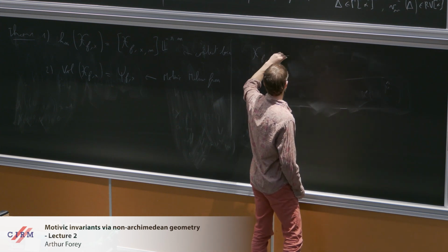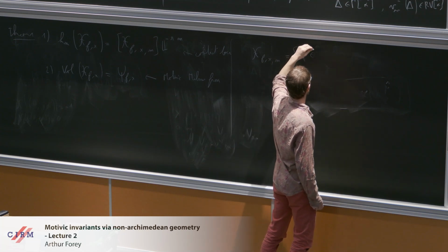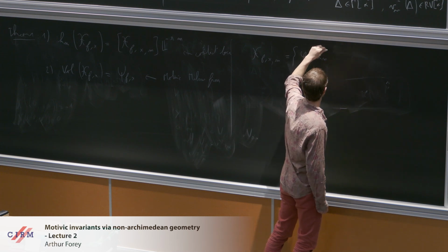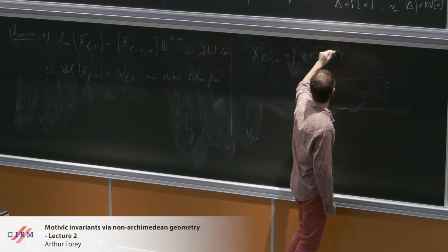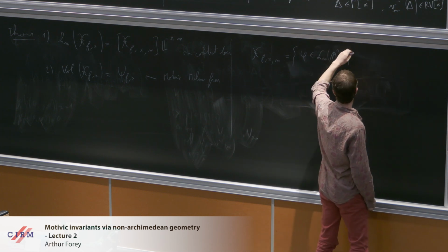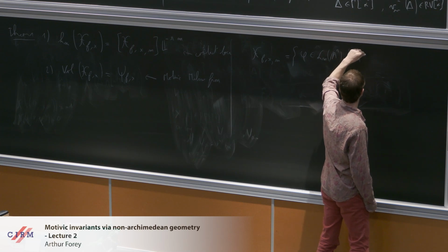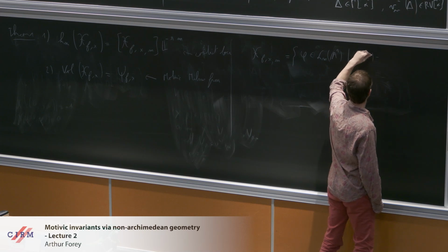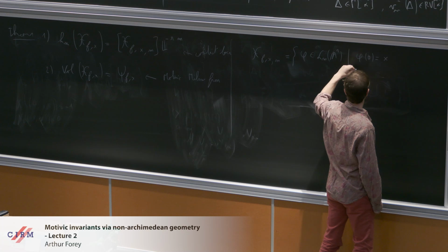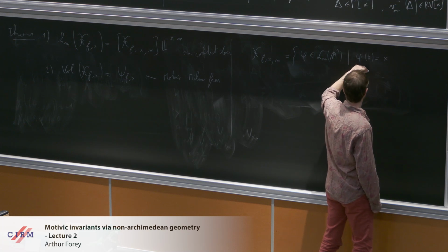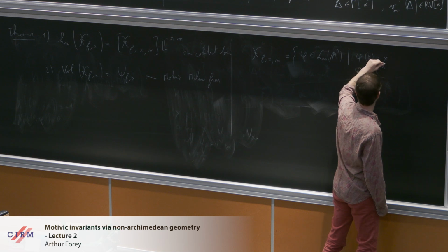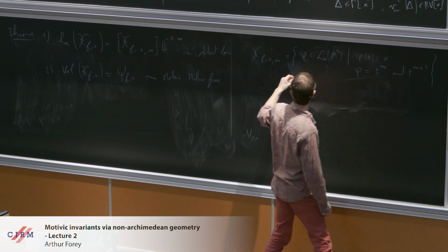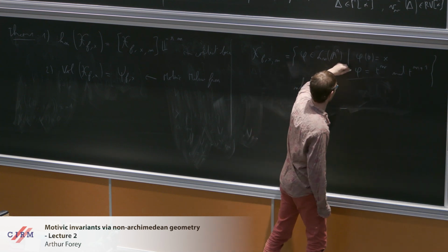So this has arcs in L_m(A^r) such that phi of t equals t to the m mod t to the m plus 1, and we are... I think it's f of phi. Yeah, thanks, François.